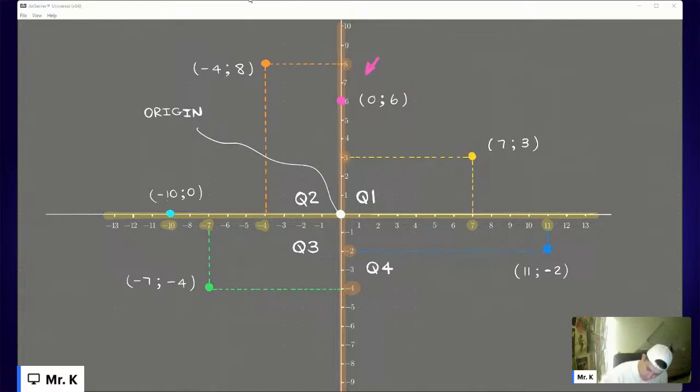It's the middle. And this point right in the middle has the coordinate 0, 0. Why is that the case? Because it is 0 on the x-axis and 0 on the y-axis. It's the starting point for both of those lines.